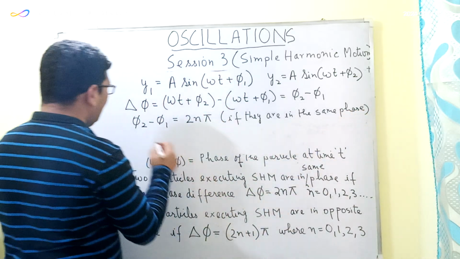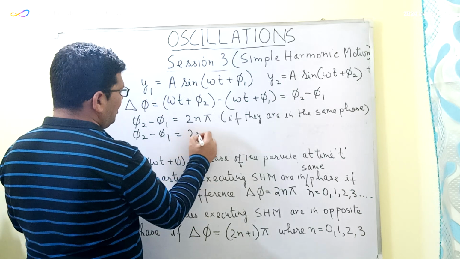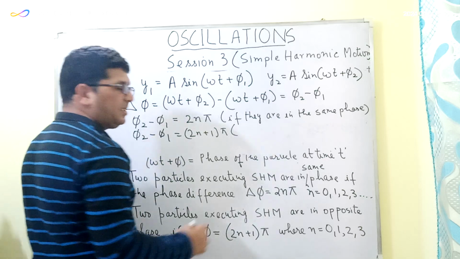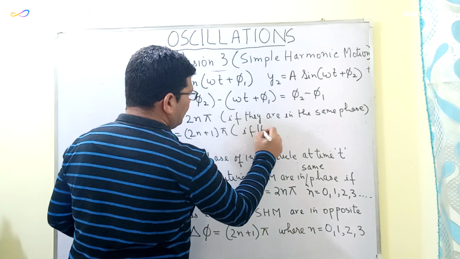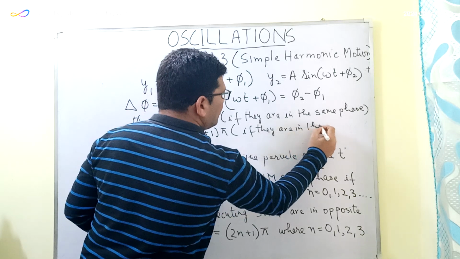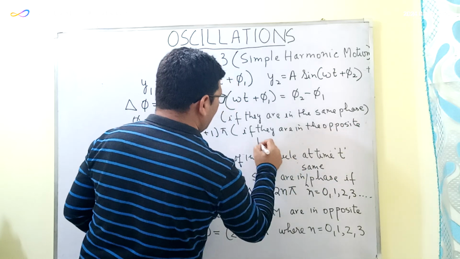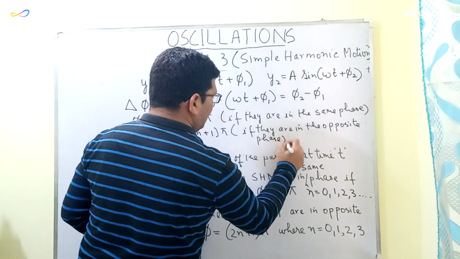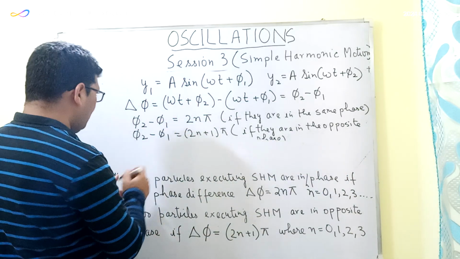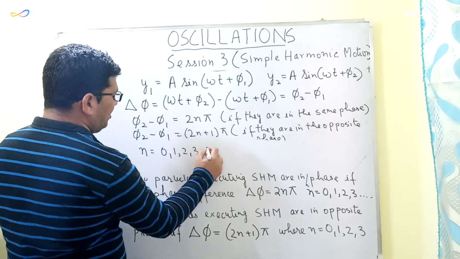This is the first point. And φ2 minus φ1 will be equal to (2n + 1)π if they are in the opposite phase, and here n is equal to 0, 1, 2, 3, 4 and so on.